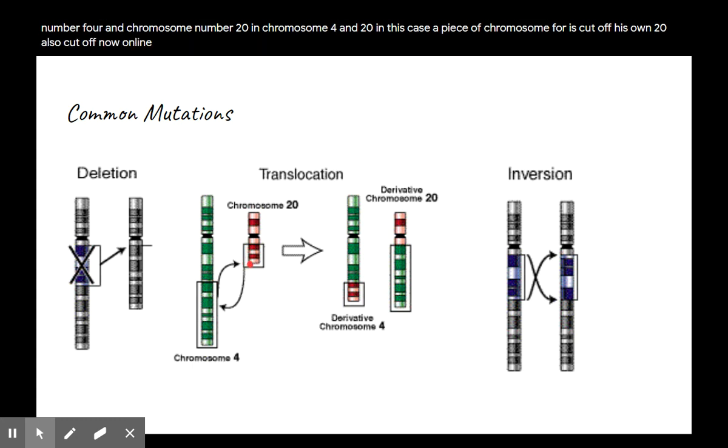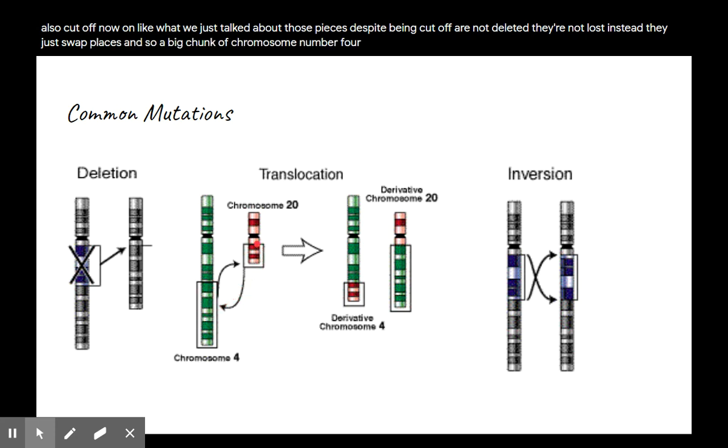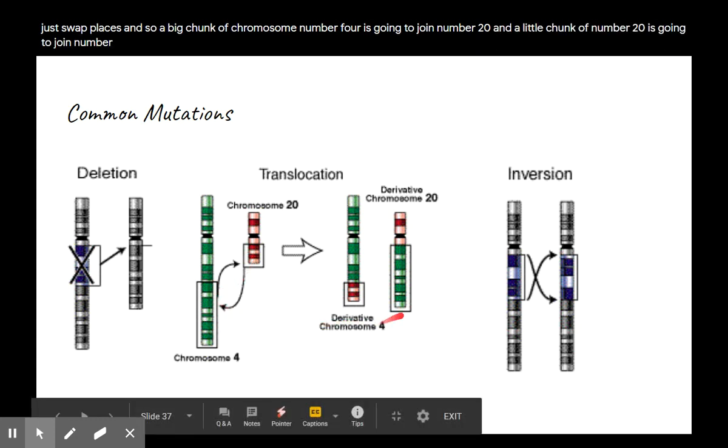Now, unlike what we just talked about, those pieces, despite being cut off, are not deleted. They're not lost. Instead, they just swap places. And so a big chunk of chromosome number 4 is going to join number 20, and a little chunk of number 20 is going to join number 4, and you can see the resulting combinations of chromosomes over here.